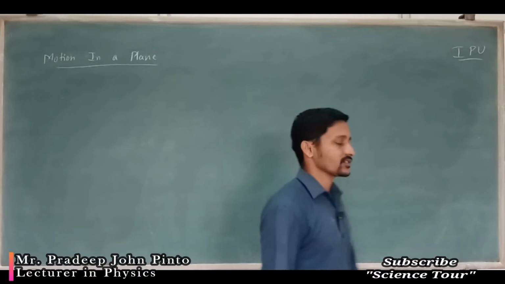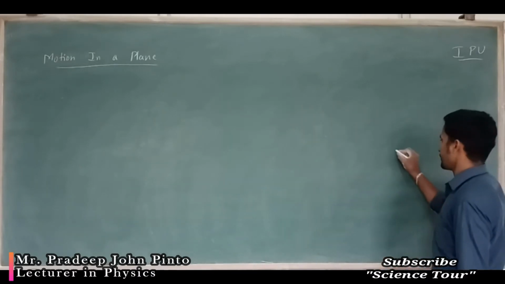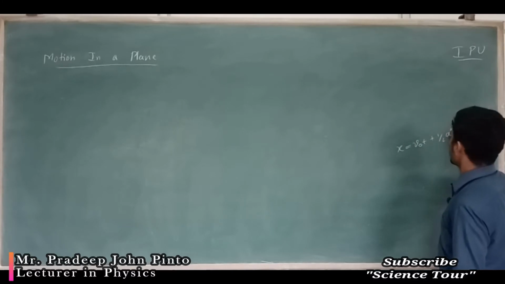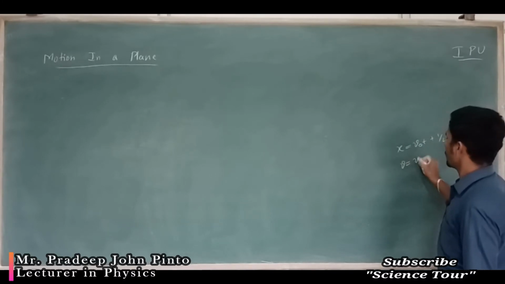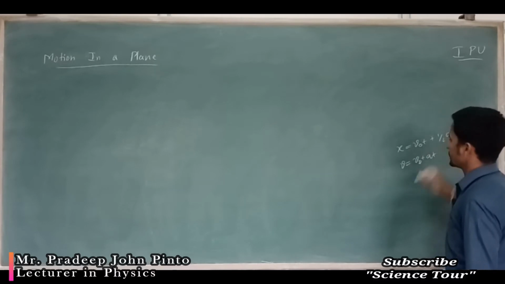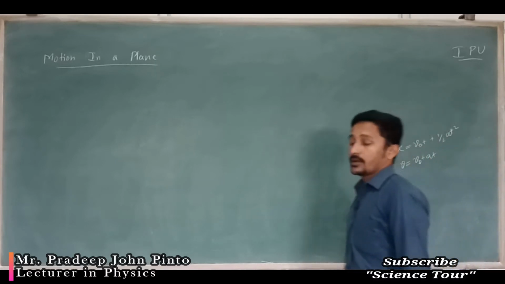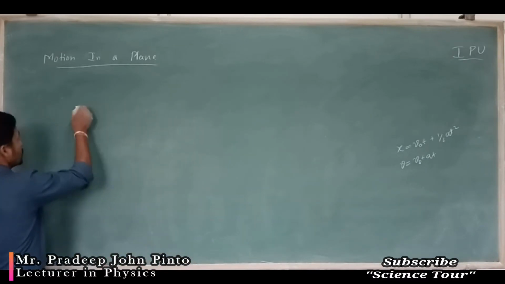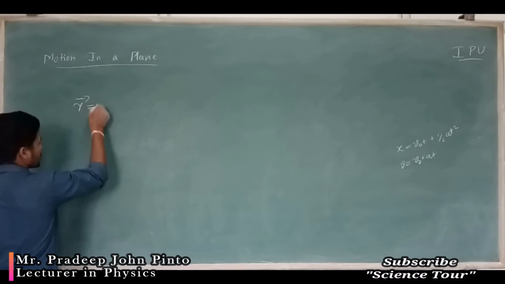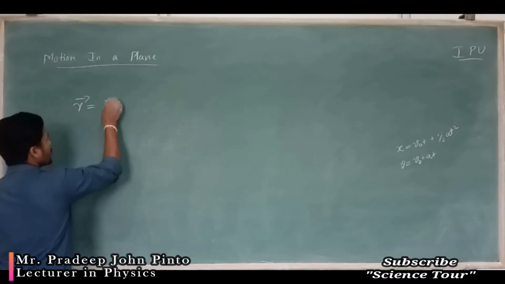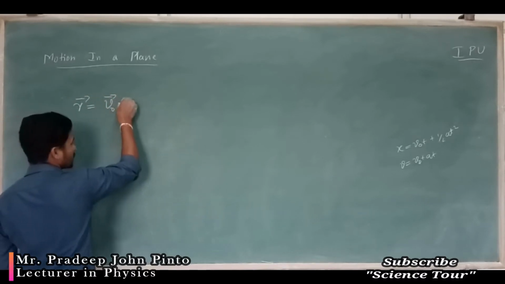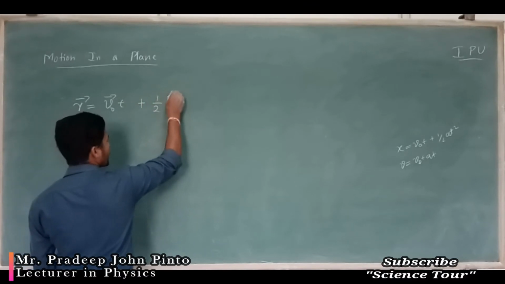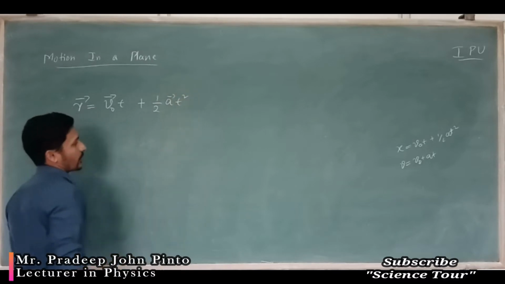Now we have equations. Which are the equations? We have x is equal to v naught t plus half a t square, and v is equal to v naught plus a t. But when it comes to two dimensions, those equations change into r vector, which is equal to v naught vector into t plus half a vector into t square.